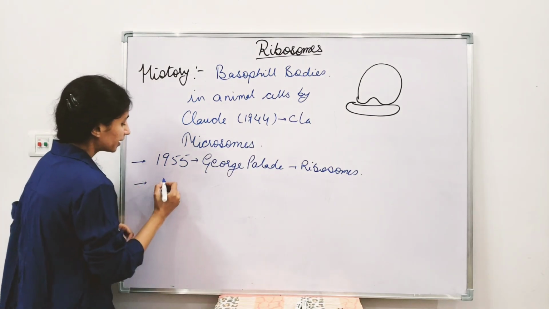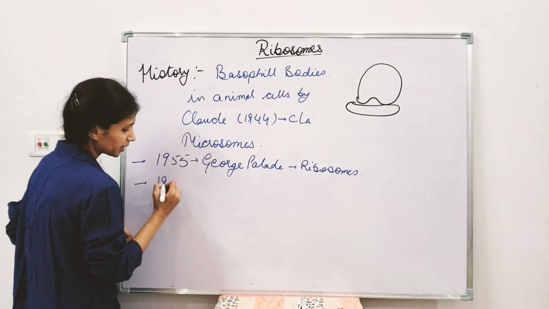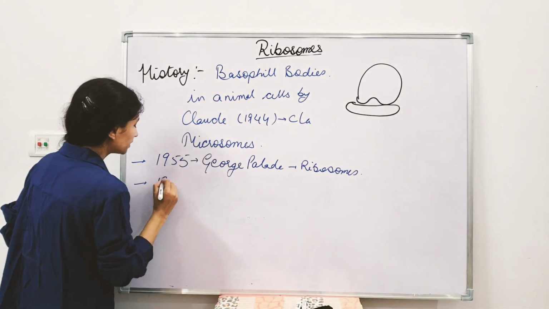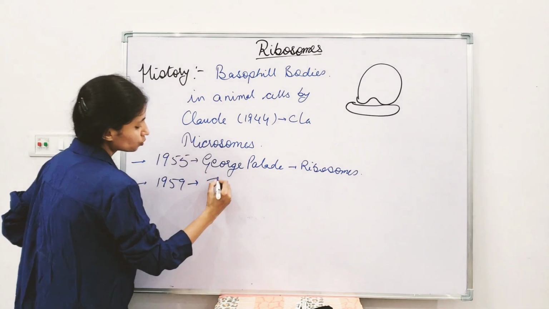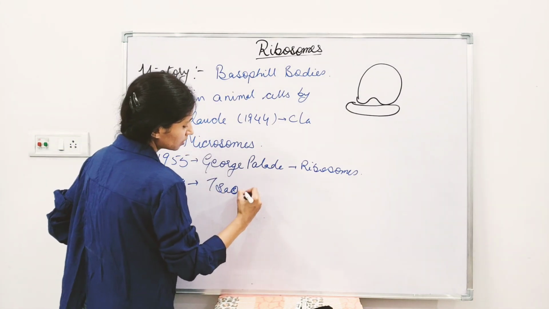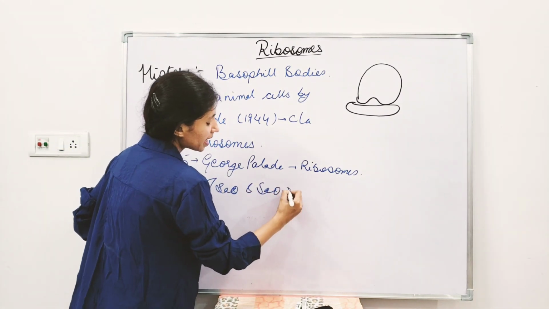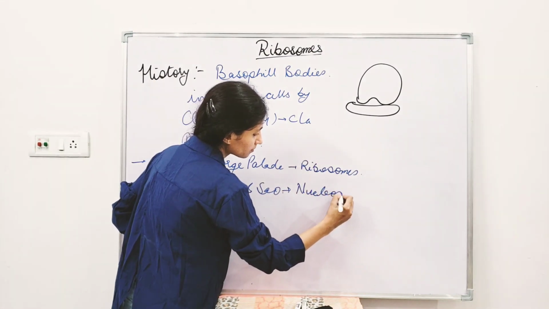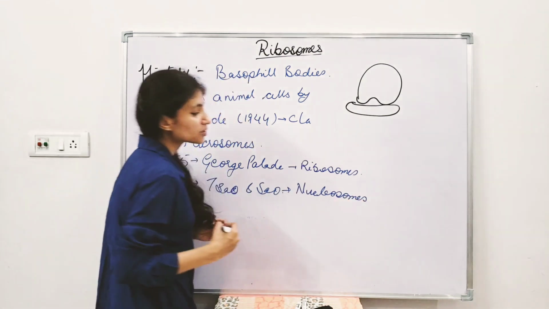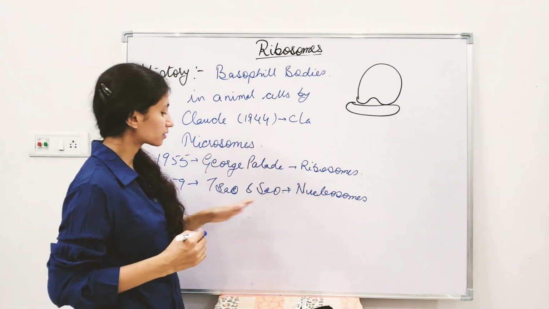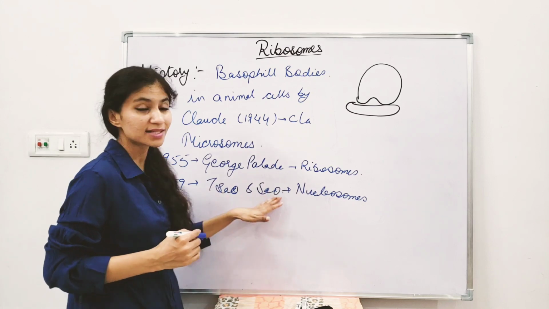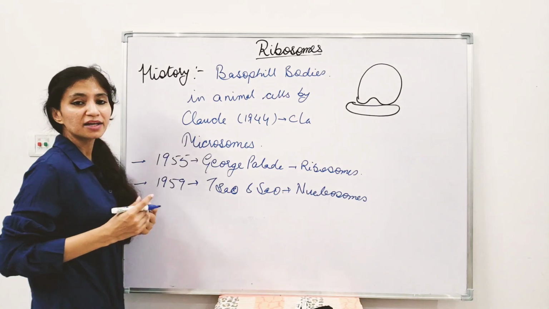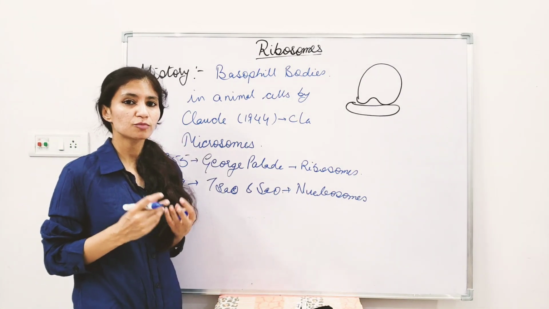Later, in the year 1959, two scientists, Tassio and Sau, discovered the ribosomes in the nucleosomes. So ribosomes are also found in the nucleosomes. Moving ahead, you might have heard the term polyribosomes or ergosomes.